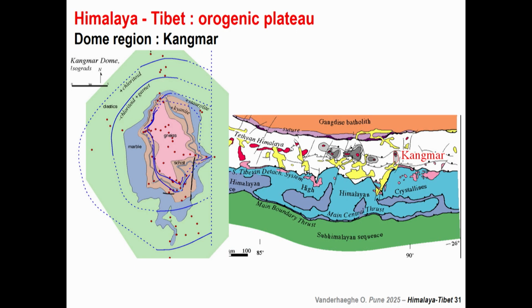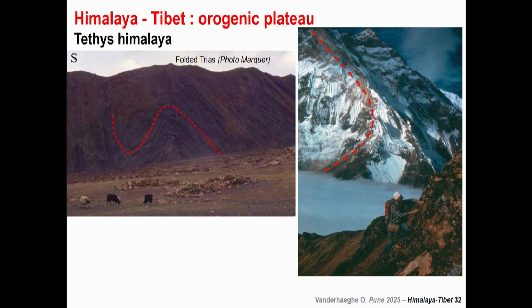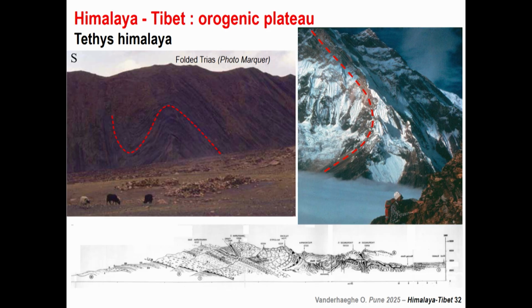Okay, that's for the dome region, and on top of the dome, there are these Tethyan sediments, Tethys Himalaya, with folded Triassic bedding. Here, well, that's a typical Himalayan geologist, with recumbent folds. And that's reproduced in that section here.